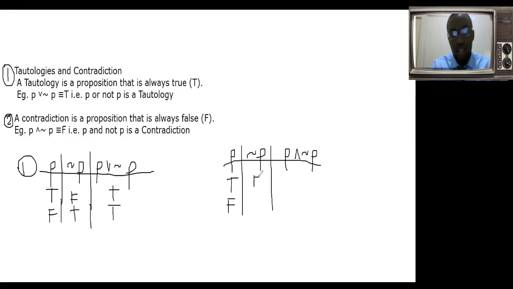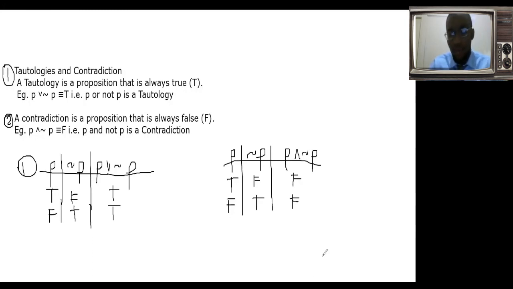Then we have false, then true. And so right here we have P and not P. So we have true and false. True and false is false, and false and true is false. And so the result column is always false, and so it is a contradiction.